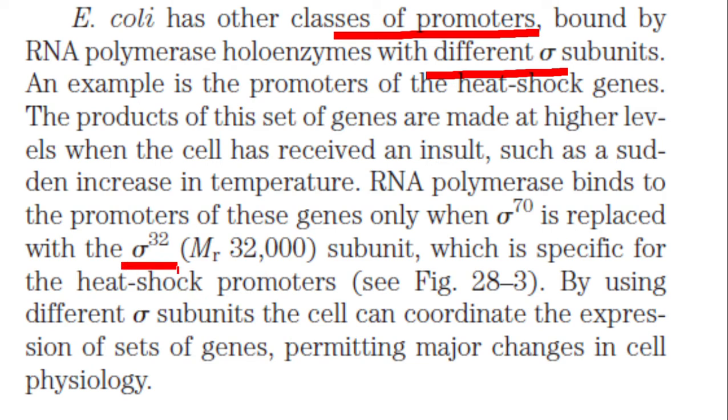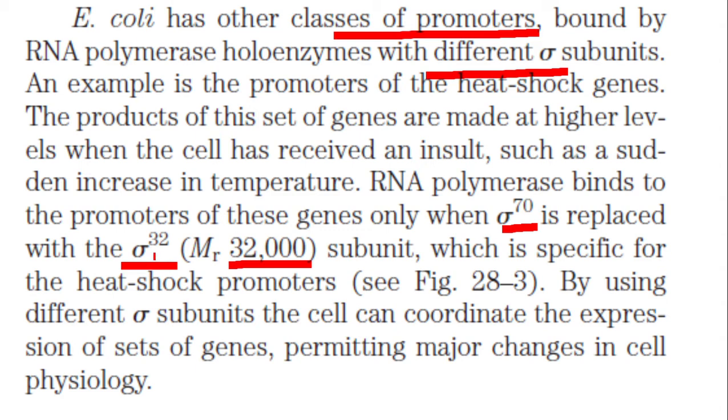What is sigma 32? Sigma 32, a sigma subunit with a molecular weight of 32,000 Dalton. What is sigma 70? A sigma subunit with a molecular weight of 70,000 Dalton. So sigma 70 is a type of sigma subunit which can recognize a type of promoter, while sigma 32 is another type of sigma subunit which can recognize a different type of promoter.